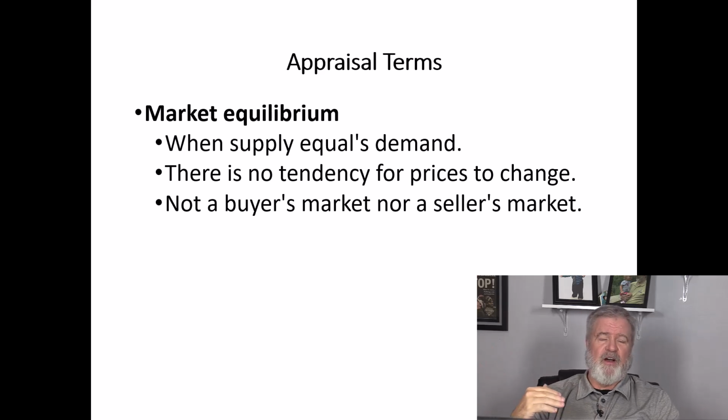There's enough demand to meet the supply. There's enough supply to meet the demand. When you get in a market like that, typically prices just don't change. They're kind of stagnant. They stay right there because we're in a market of equilibrium.